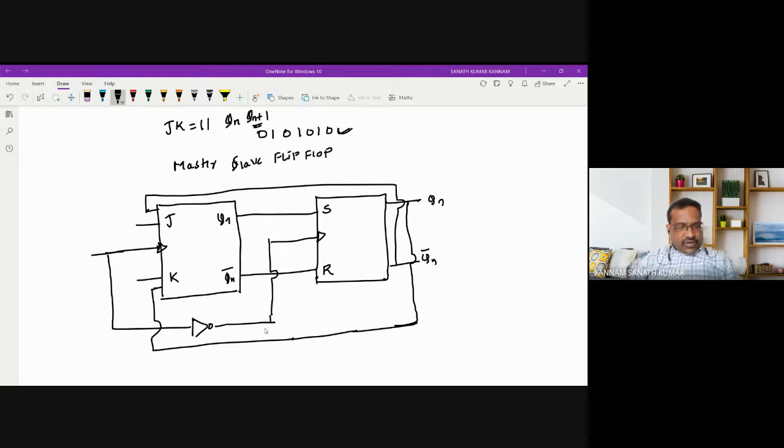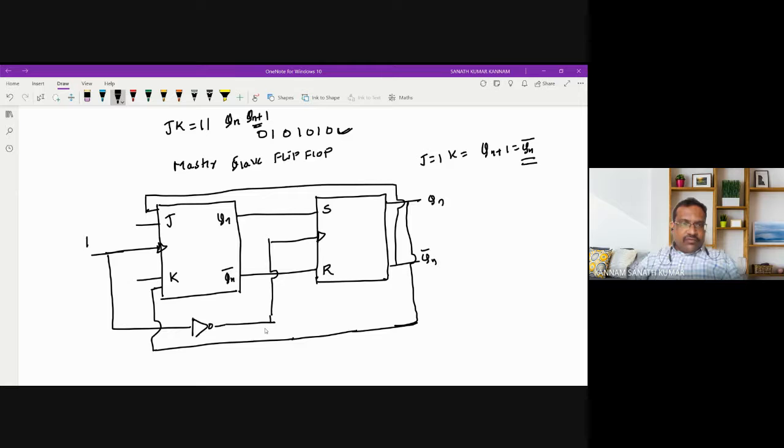So what happens here? Suppose the clock is long. When J equals 1 and K equals 1, you are getting the next state as Qn bar, the toggle state. When the clock is long, these outputs are given to the SR flip flop.